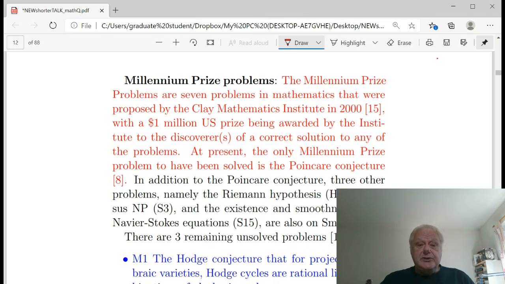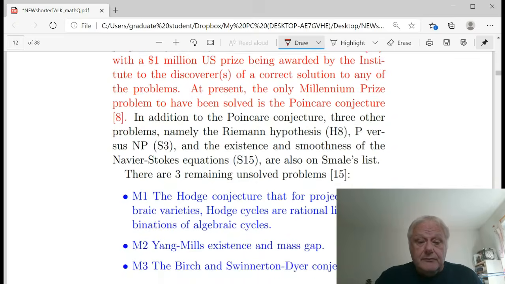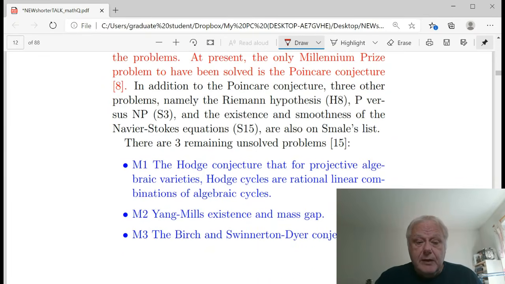Of the 7 questions that were posed, one has been solved, namely the aforementioned Poincare conjecture, and the other 6 include the Riemann hypothesis, P versus NP, and the existence and smoothness of Navier-Stokes equations, and 3 more. M1, pure mathematics, M3, pure mathematics.